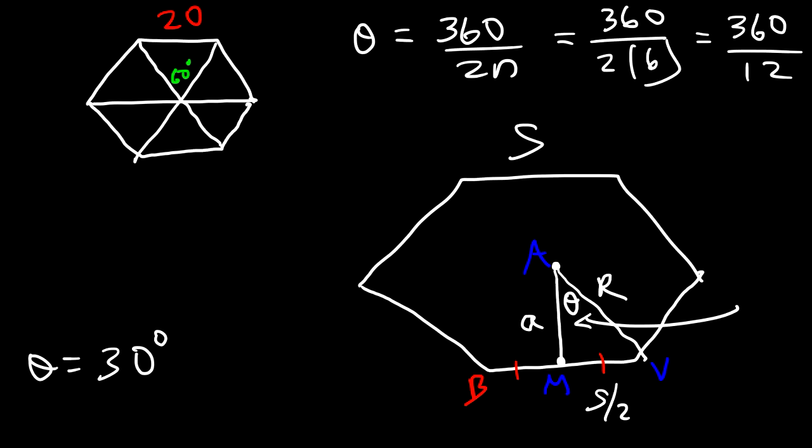So each of these angles is 60 degrees. Now, if we draw a line here, that's the apothem, and this part here is 60. 60 divided by 2 will give us this angle, which is 30, and that's theta. So that's why that angle is 360 over 2n, because you're going to split this part into 2.